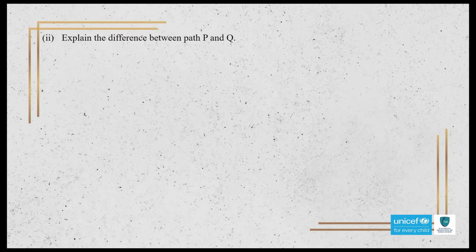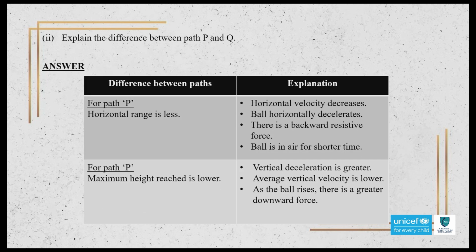Explain the difference between path P and Q. We see how we can give the answer. I have given a very short way. Difference between paths: when you take path P, the horizontal range is less. That is because of horizontal velocity decreasing, horizontally decelerating we can say, because of the air resistance. It will take shorter time to move that distance.